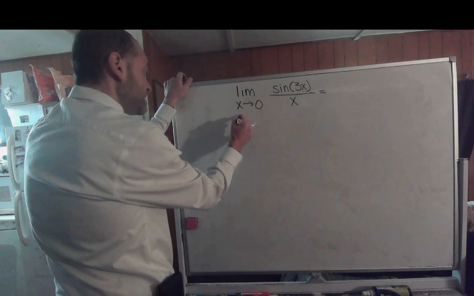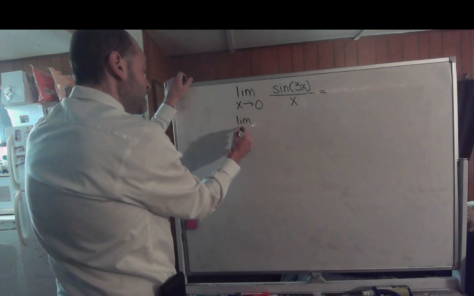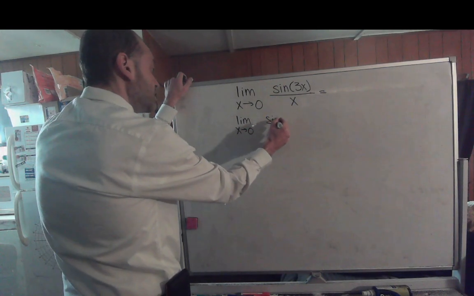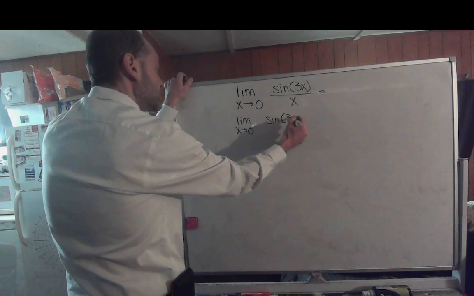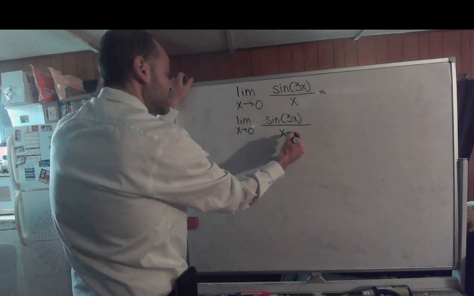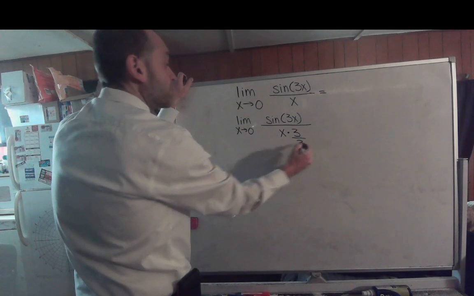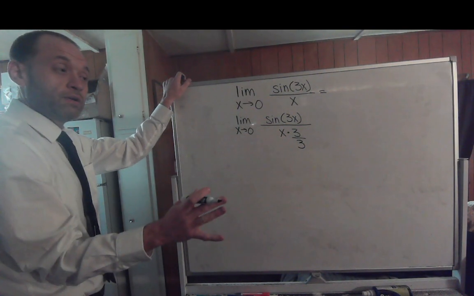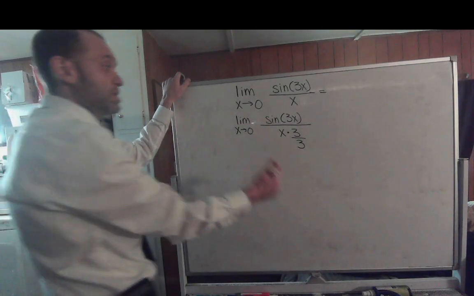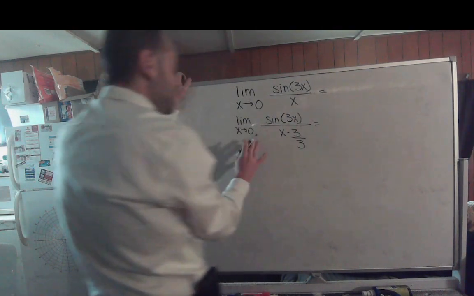So if I take the limit as x approaches 0 of the sine of 3x divided by x times 3 over 3, well, 3 over 3 is 1, right? I technically have not changed the value of this function, but you're going to see what's about to happen.